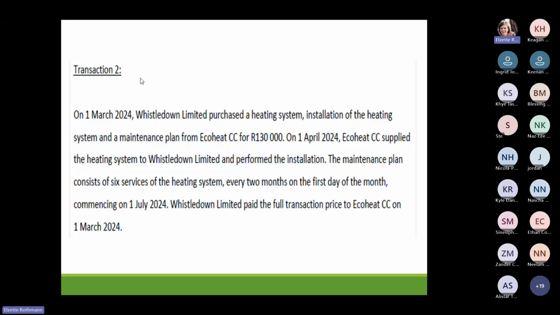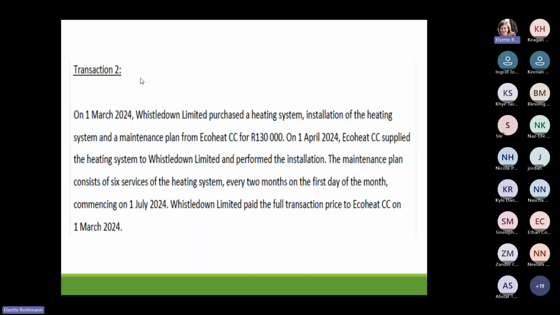The maintenance plan consists of 6 services of the heating system every 2 months on the first day of the month, commencing on 1 July 2024. Whistledown Limited paid the full transaction price to EcoHeat CC on the 1st of March 2024.